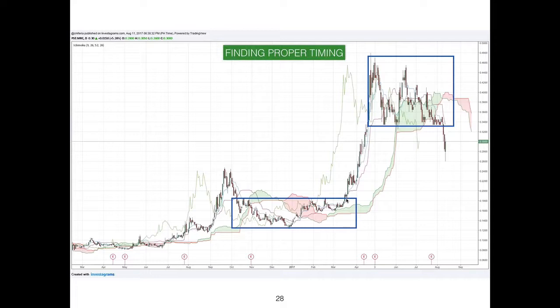Price retested the box, but it was just simply a breakout confirmation at this area. And upon breakout, price did not have a deep correction anymore. It was a very shallow correction. Price could not go back down to the breakout level.